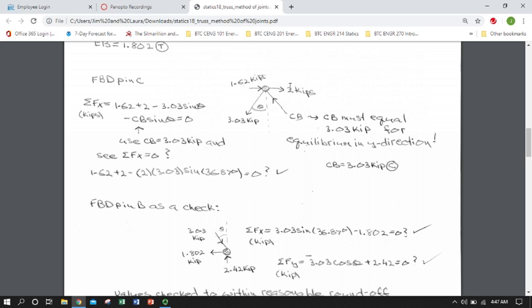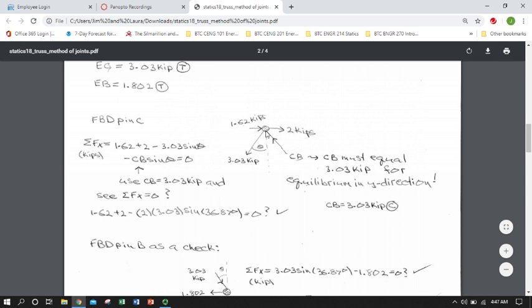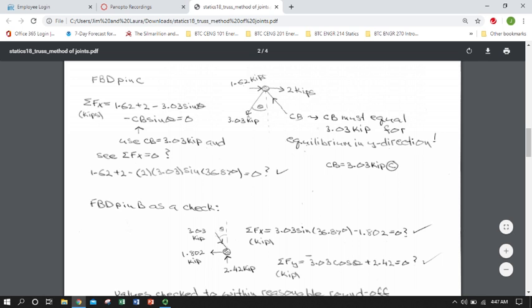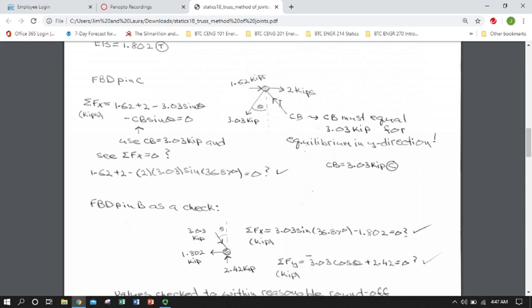I have 2 kips positive horizontal applied load being shown here, and then I have the force that I just solved for, EC, 3.03 kips tension pulling downward, and I am assuming my member CB is in tension, drawing it that way because I can make some assumptions about equilibrium in the Y. If I have 3.03 kips pulling downward, given that these other 2 forces up here are only in the horizontal, CB really has to be in compression because it's going to provide the only force in the Y balancing upward.